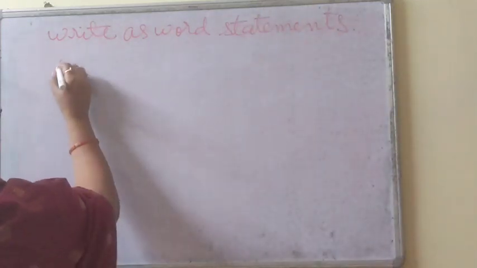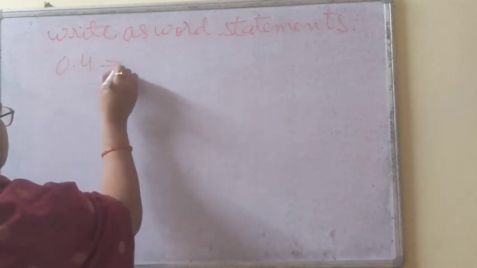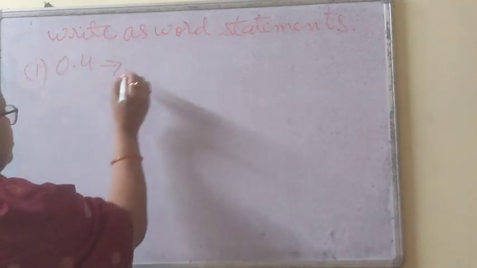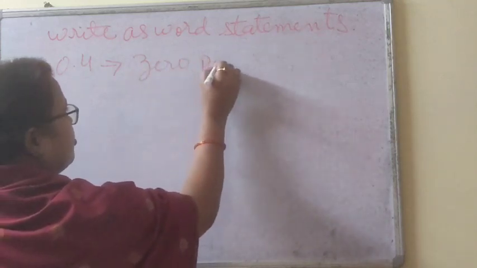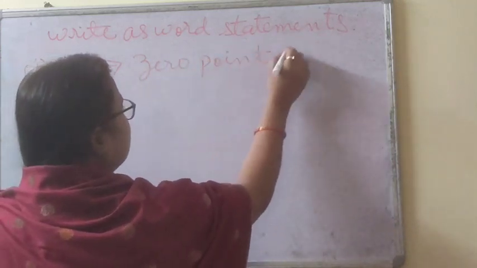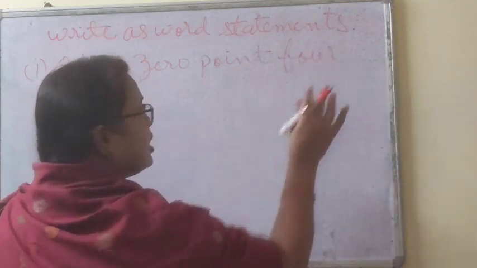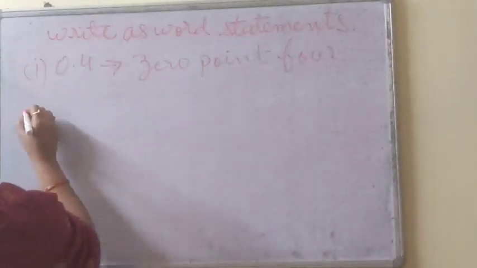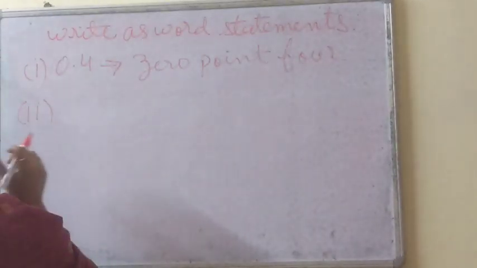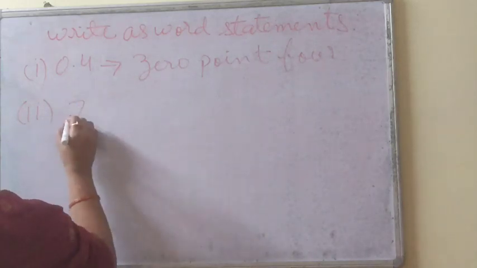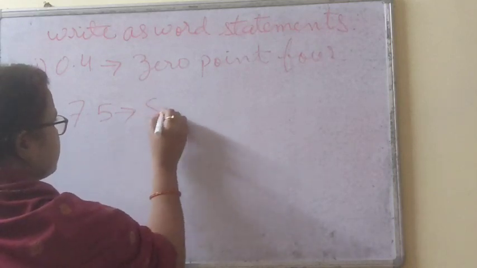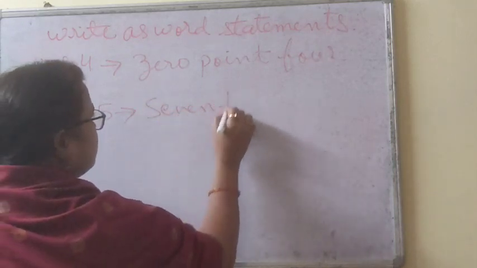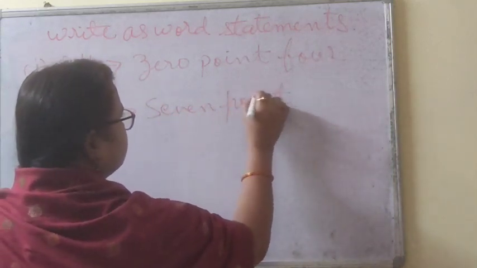So like 0.4. So how will you write here? You will write 0.4. Clear? You have to write in words. Next, this is the question. Then how will you write? You will write 7.5.